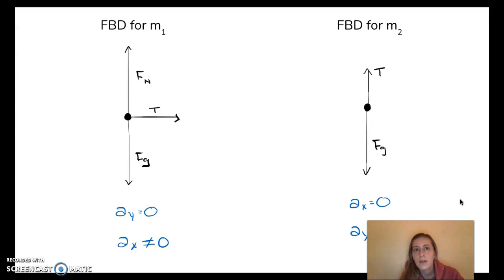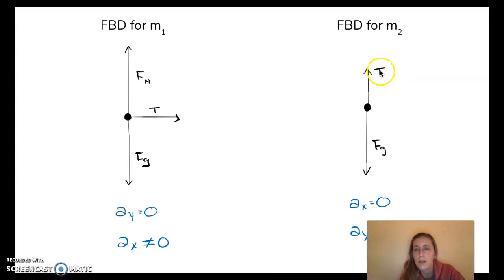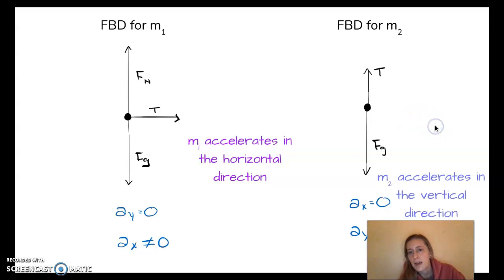In other words, the force of gravity is going to be pulling this object down, even though there's a little bit of resistance from the tension of the string. So the first object, m1, accelerates in the horizontal direction, whereas the second object, m2, accelerates in the vertical direction.